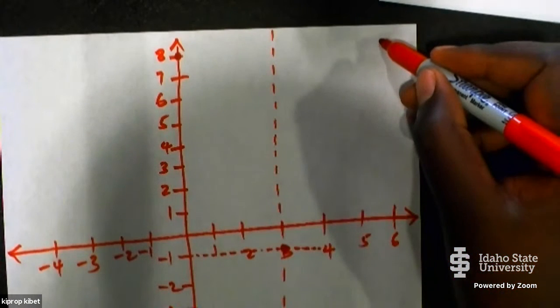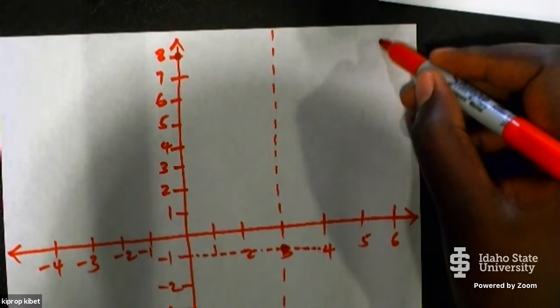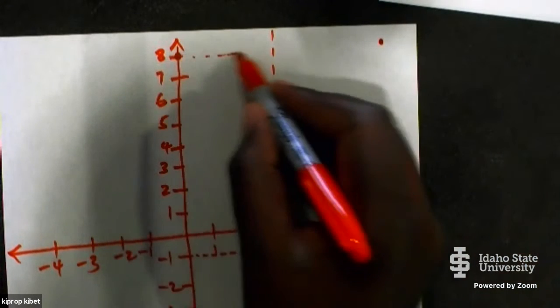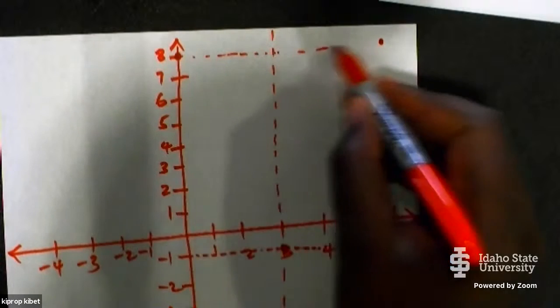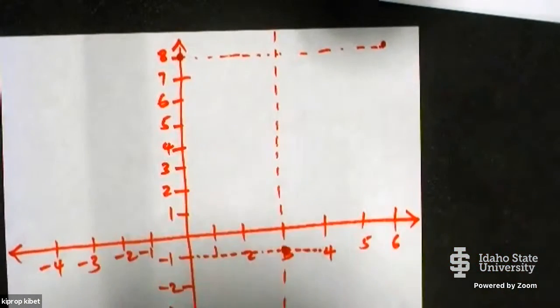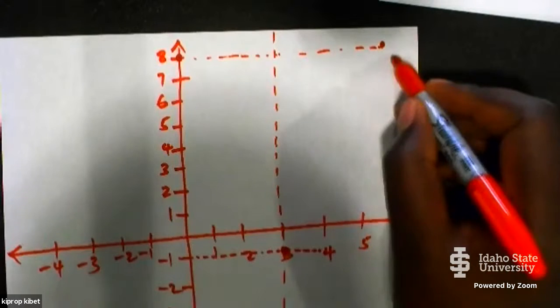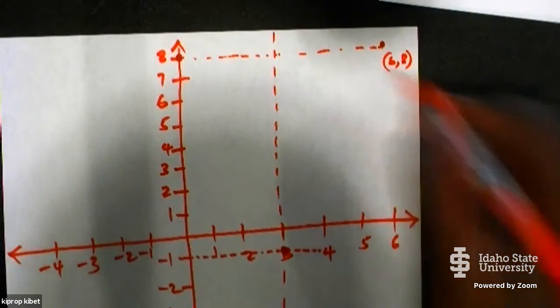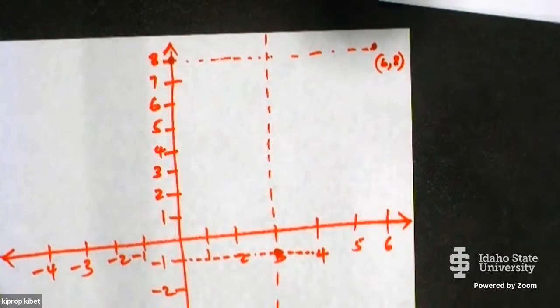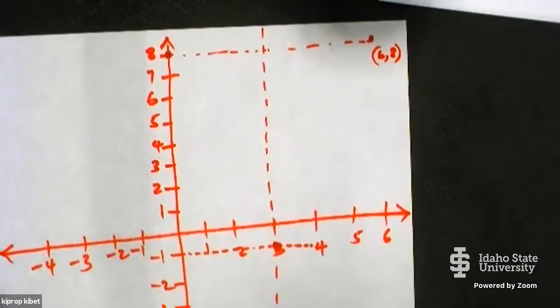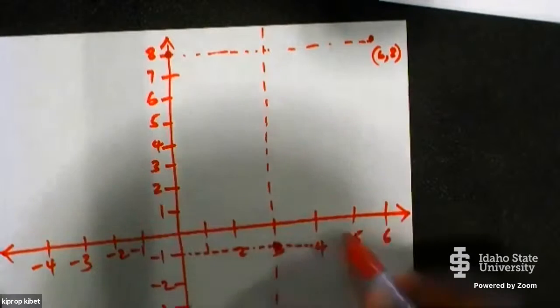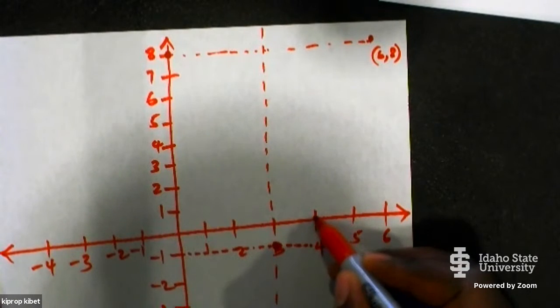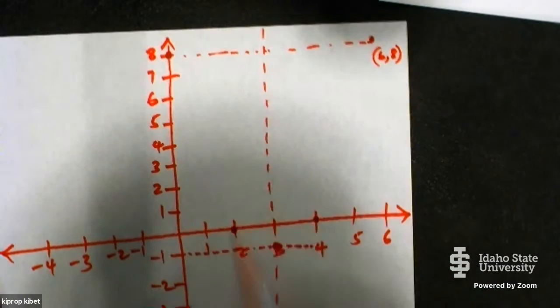So our next point is here. So 3 steps here, and then 3 steps to that point. So our next point here will be 6 and 8. Then our x-intercepts are 4, 0 and 2, 0. So 4, 0 is here. 2, 0 is here.